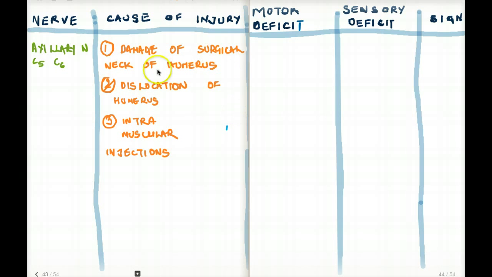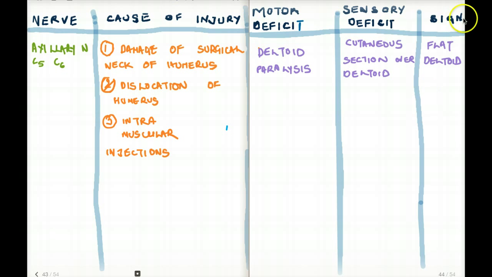Obviously damage to the axillary nerve is going to cause some motor deficits. For motor function, it's going to cause damage to the deltoid, because the deltoid is supplied by the axillary nerve, and the sensory deficit is that the cutaneous sensation over the deltoid is going to be affected. Finally, when we're looking at the sign, when we have axillary nerve damage, there's going to be deltoid paralysis.